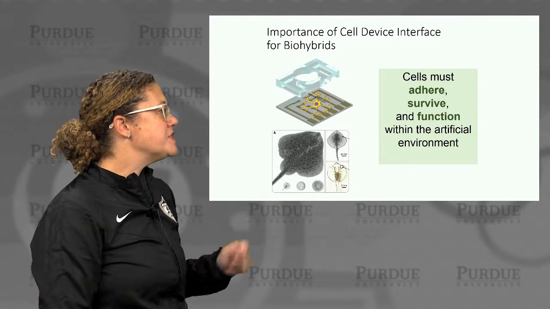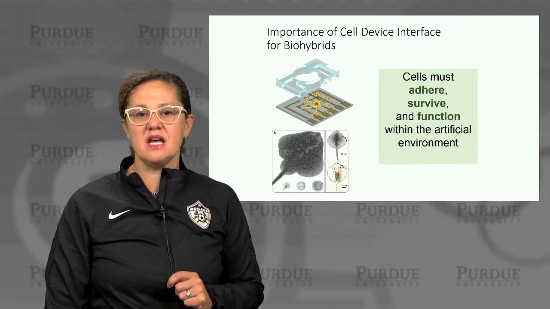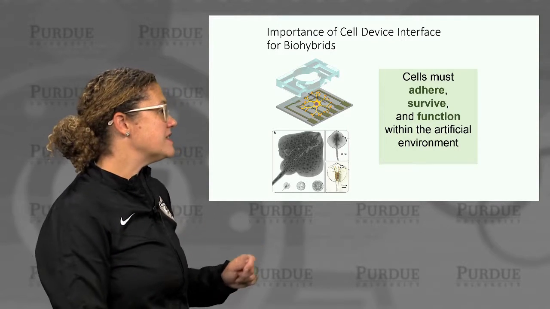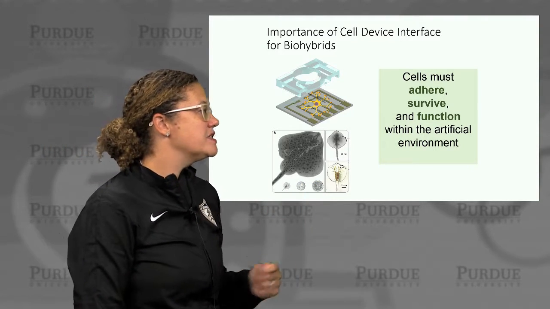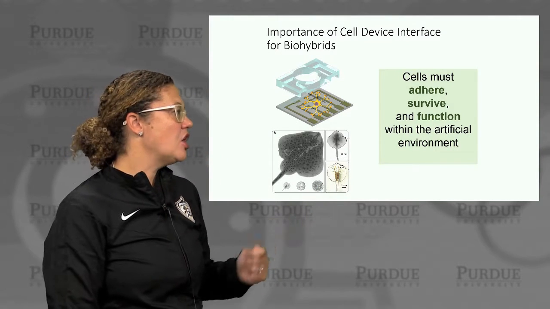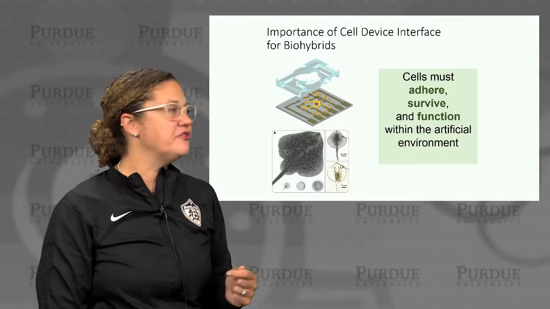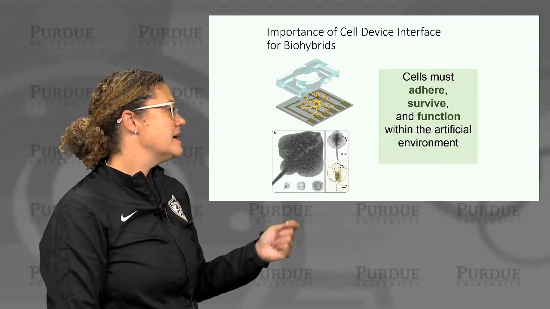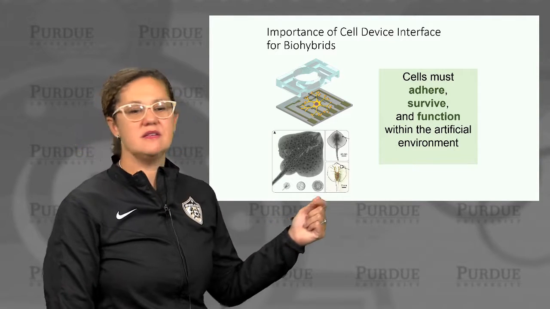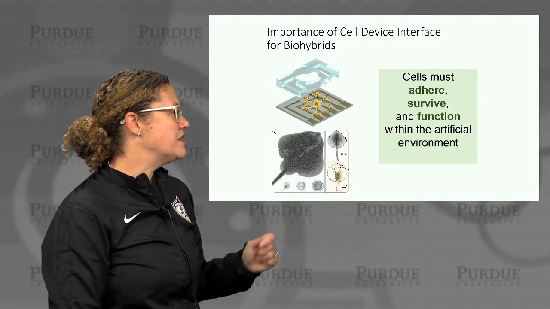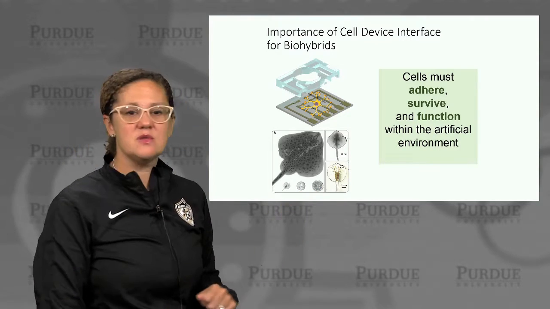So, first, thinking about the importance of the cell-device interface for biohybrid devices. In a previous lecture, we talked about this Ray biohybrid robot that had living cardiac myocyte cells that formed essentially an artificial muscle in this metal and polymer-based robot system that could swim via light control.